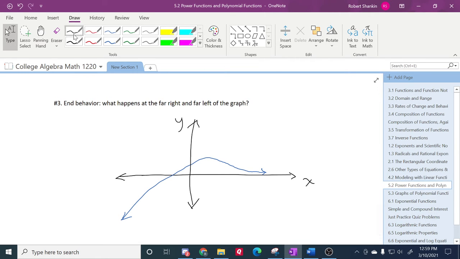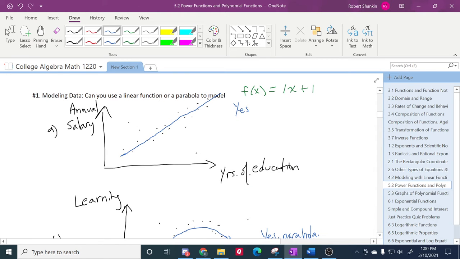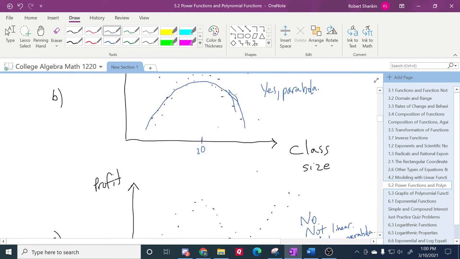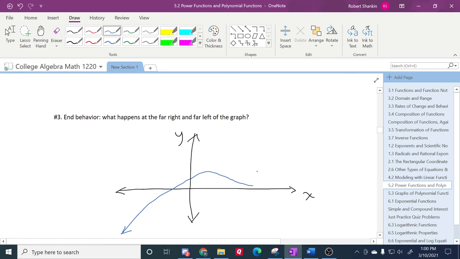And to answer this question, what happens at the very, very far right? Now, I'm going to make this a little bit better here. I want it to look like it's getting closer and closer to the x-axis without touching it. Like this. All right.